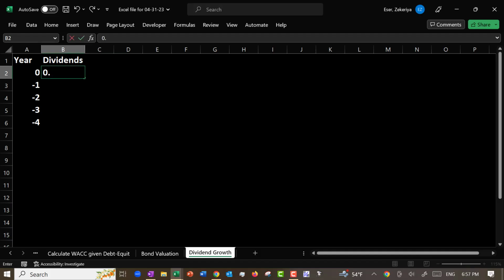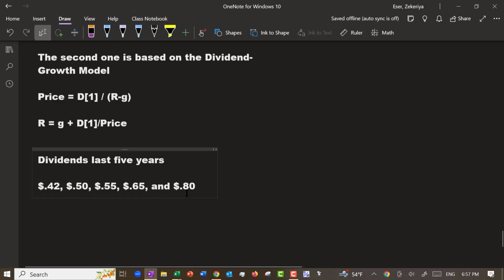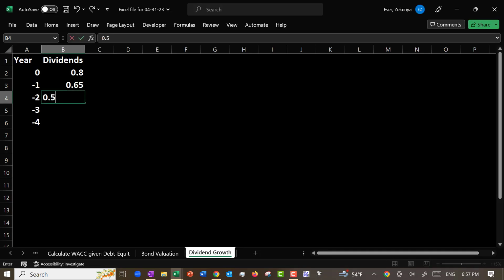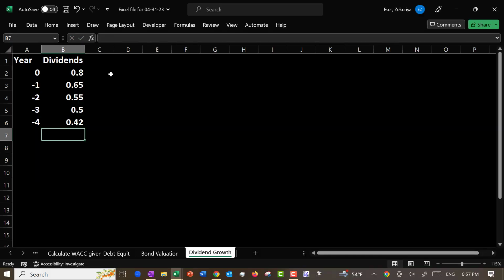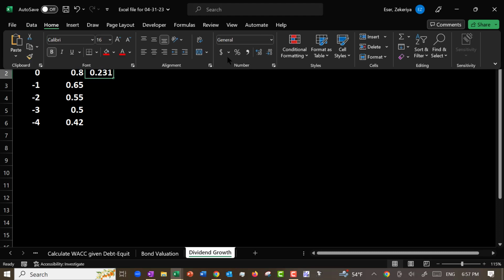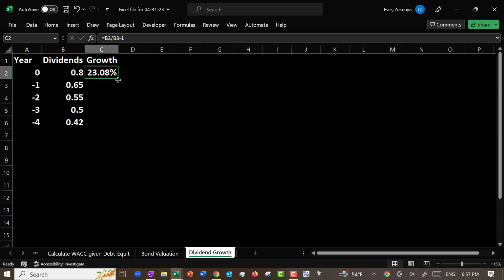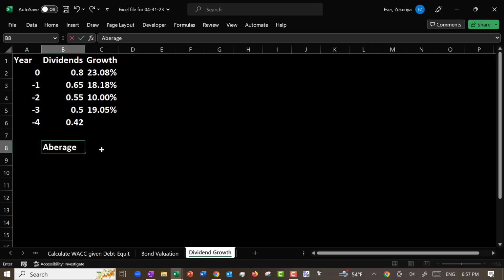Last year they paid 80 cents. For that 65.55. This year's dividend divided by last year's dividend minus 1. So I can calculate the growth rate, the average growth.